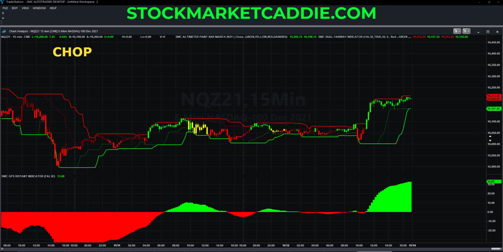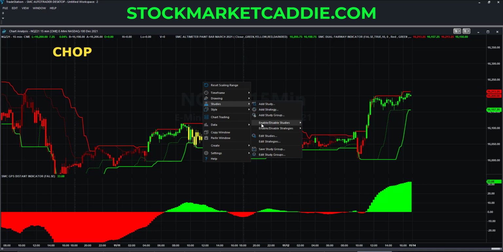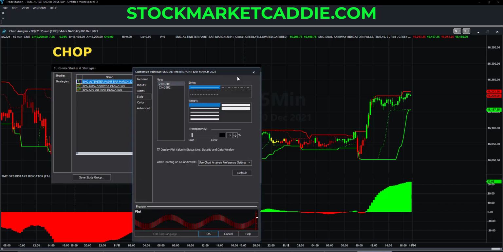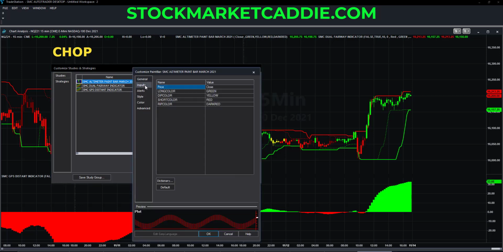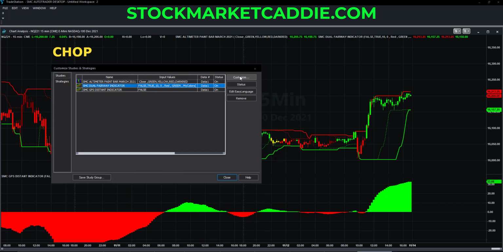So now you can see we have loaded in a tool that we call the SMC Dual Fairway. And basically, we'll show you, come here, Edit, Study, and it's the SMC Dual Fairway. And the settings here for inputs, oops, no, I'm sorry, that's the altimeter, bear with me, had the wrong one.